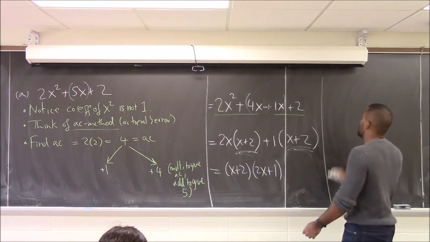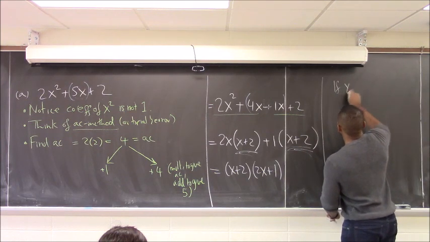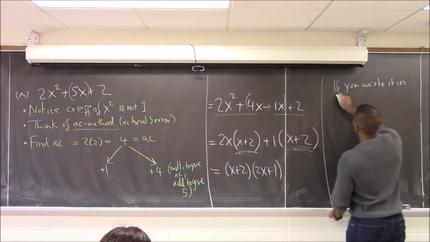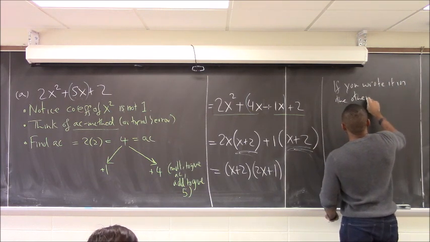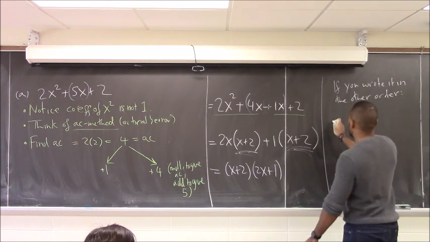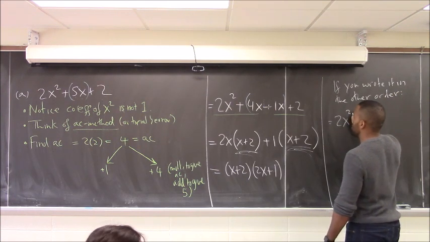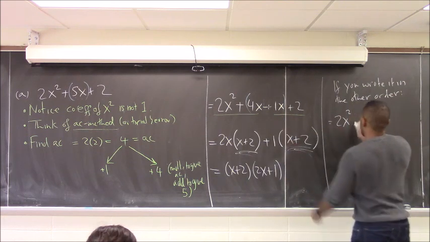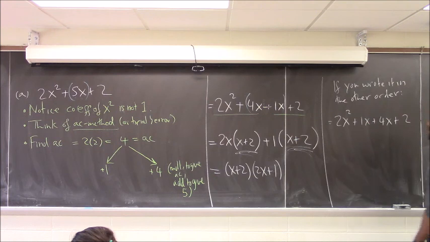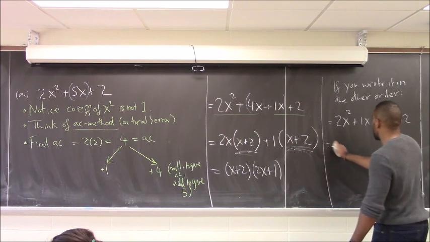And again, if you wrote it in the other order, I don't want you to worry too much. That means you'd have 2x squared. Let's say you decide to write down the 1x first and then write down the 4x. It's still going to work out.